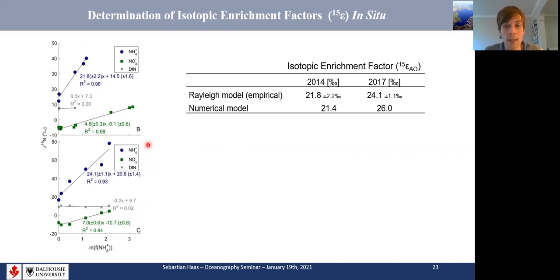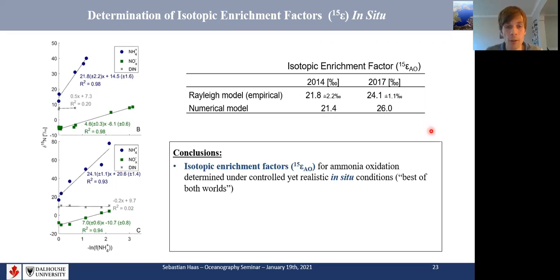And these give us isotopic enrichment factors for ammonia oxidation for the 2 years, which aren't significantly different from each other. And then we can also derive these isotopic enrichment factors from the numerical model, which again are very similar to what we get from the Rayleigh models.